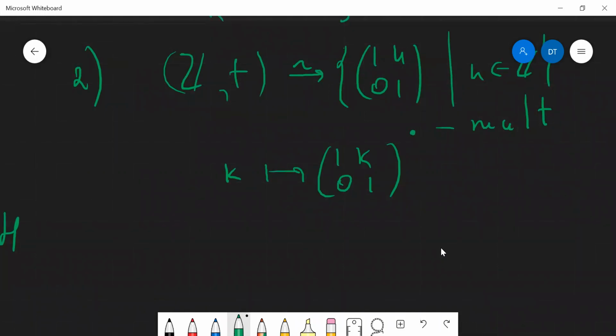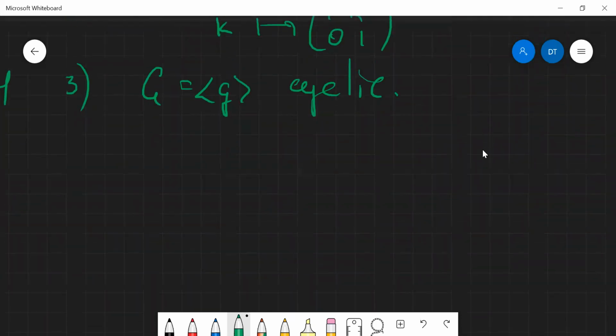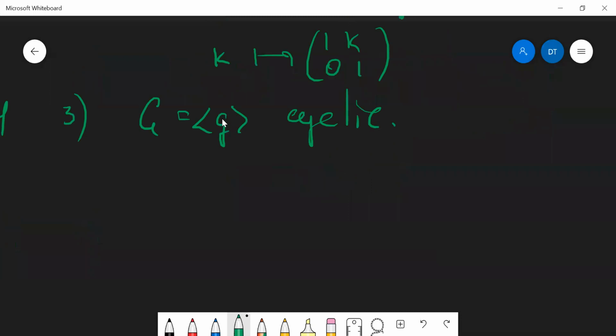And also the third example: if G is a cyclic group, we already know that we have two options. If the order of the element G is infinite, then all powers of G are different. And if the order of G is equal to n, then we have n distinct powers and they repeat in cycles.